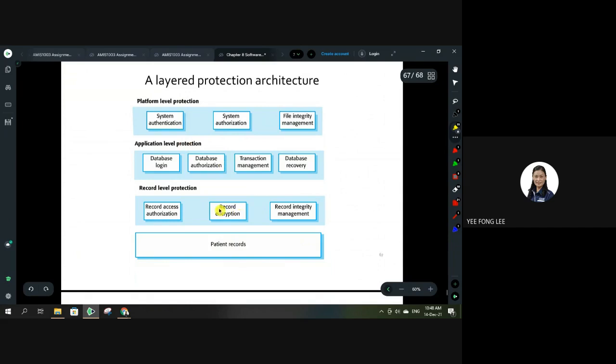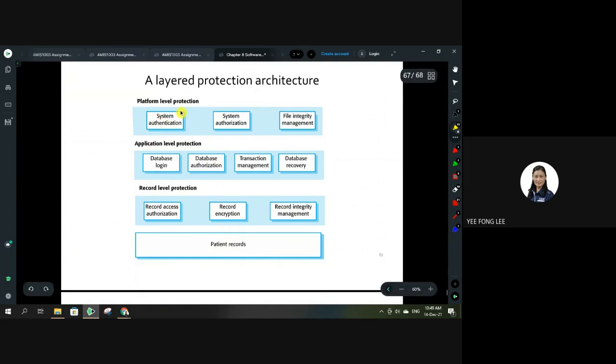In order to access and modify patient records, the attacker might have to penetrate 3 system layers.